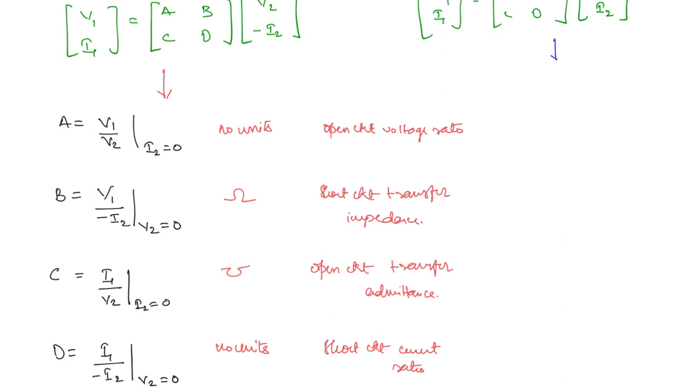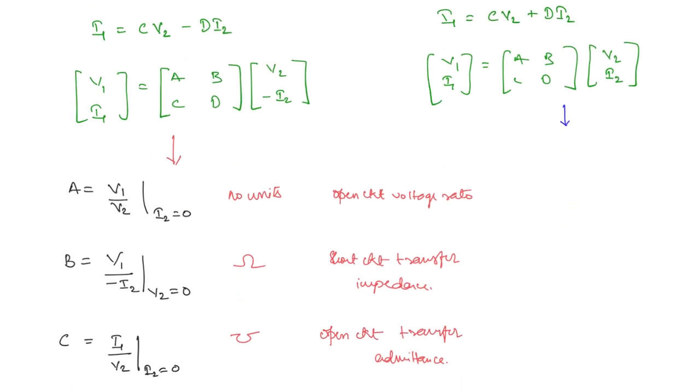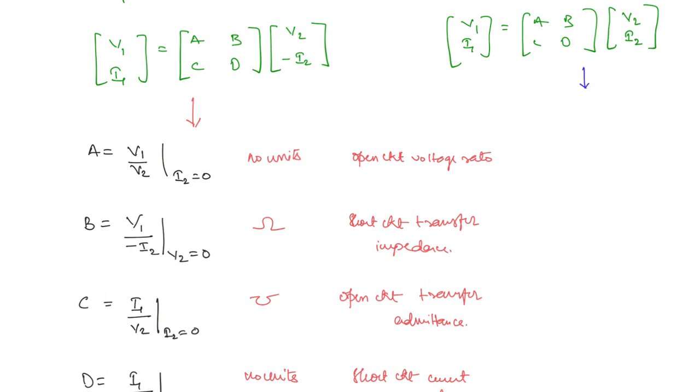What about the second case, wherein the current direction is going to be out of the port, out of the two-port network? So here A and C are not going to change. A and C are the same, but you can see that B will be equal to V1 by plus I2 when V2 is equal to 0, and D will be equal to I1 by plus I2 when V2 is equal to 0.